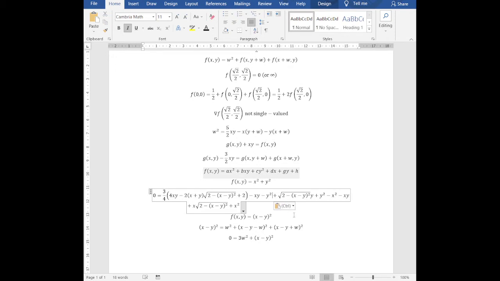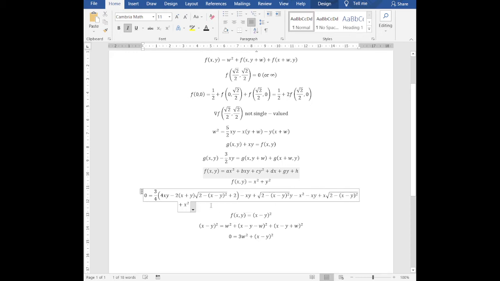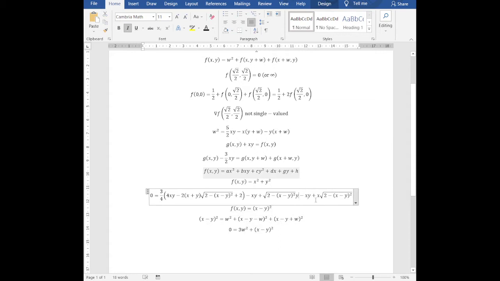Okay, so yes. Why it's not going to work. Going to be these xy terms. They're not going to cancel. So you can see the y squareds will cancel. Y squared cancels. The x squared is going to cancel with this x squared.